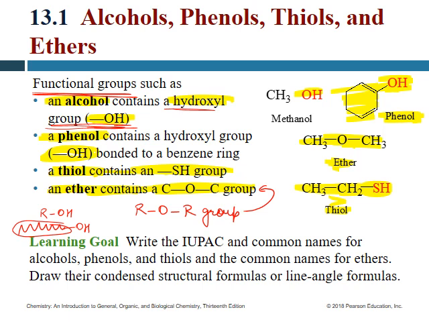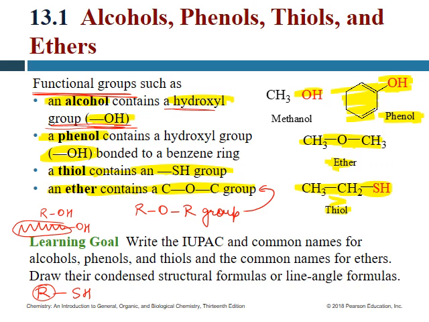So instead of writing carbon all the time, we simply say this is an R group. So when I say thiol, it consists of R with an SH. R here basically means an alkyl group. It consists of a bunch of carbons and hydrogens.